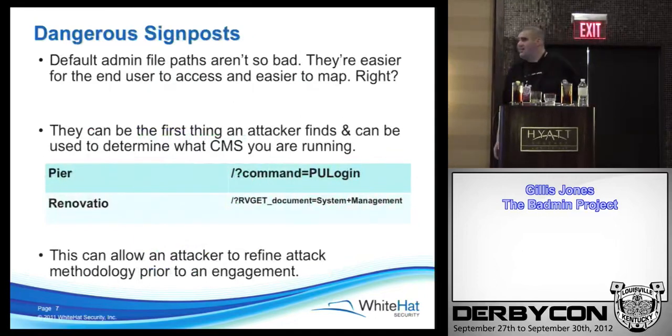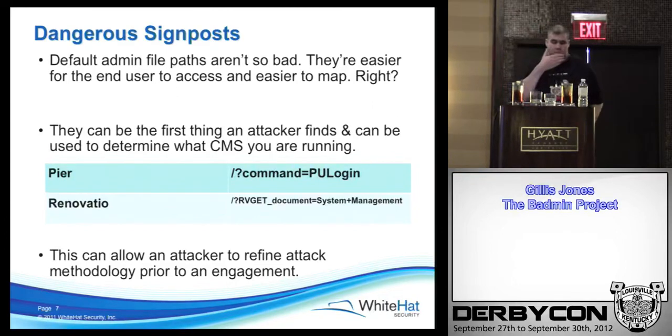So, what can you get from an admin page? Typically, if the defaults are enabled, you wouldn't think it would be that bad. But just by the admin file path resource on the end of the URL, you can tell in a lot of cases what they're using.